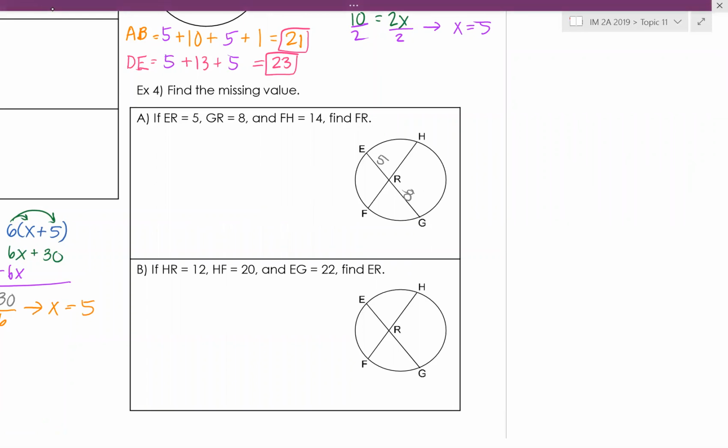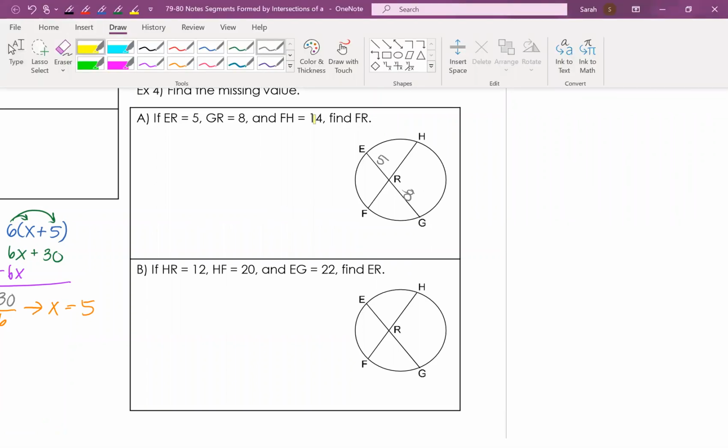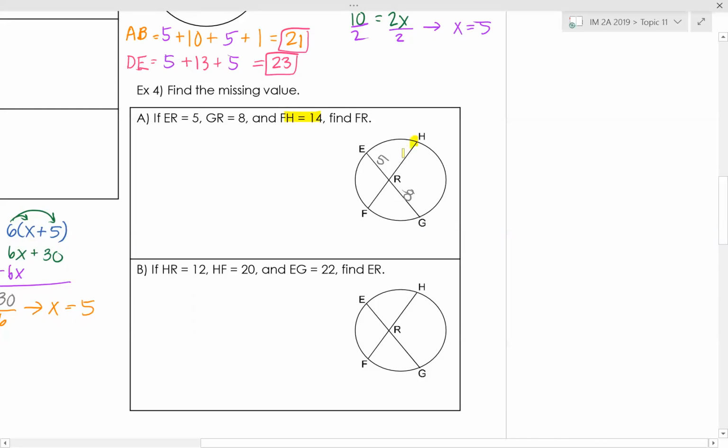But then they give us FH. Notice FH is this whole entire line. So that whole line is 14. So what has to happen here is we need to use a variable to create these parts.